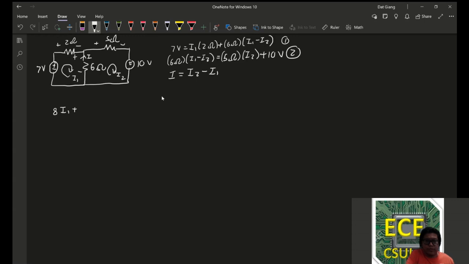We're going to use Cramer's method. So Cramer's method is a type of linear algebra method in order to quickly solve systems of equations by basically generally solving using determinants.